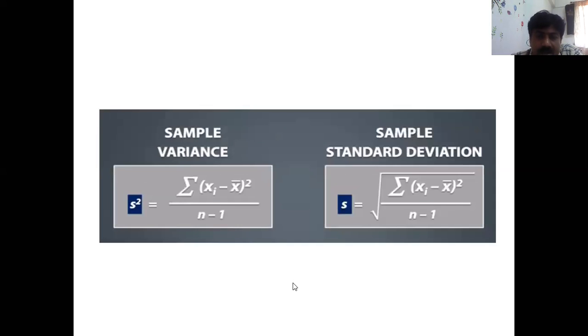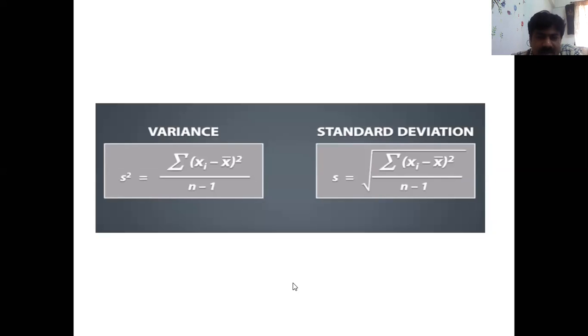Okay. Now the next term seems the same, that is variance and standard deviation. So the definition of standard deviation and an example we have seen. Now variance, the formula is s square, equal to the same thing. If you observe, the square root is removed and s is raised to the power of 2, that is s square, and that is termed as the variance.